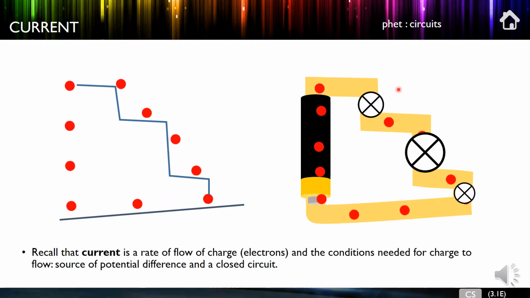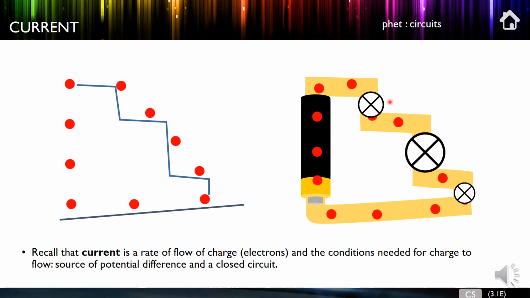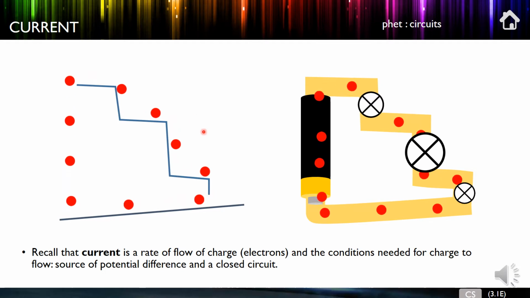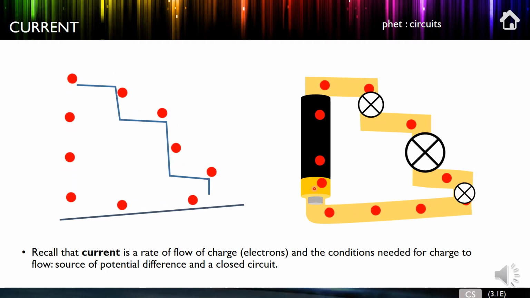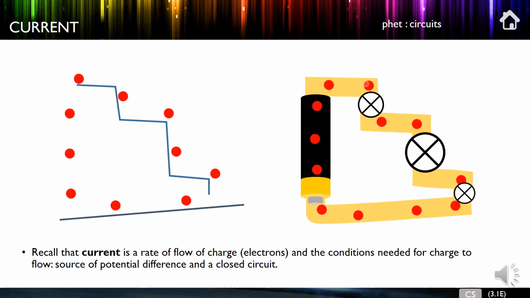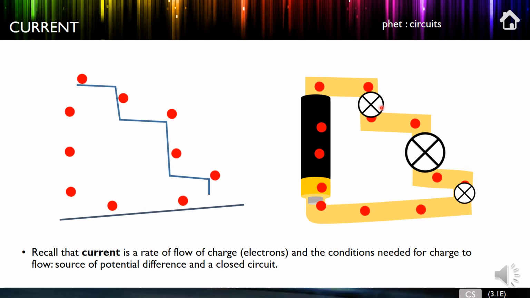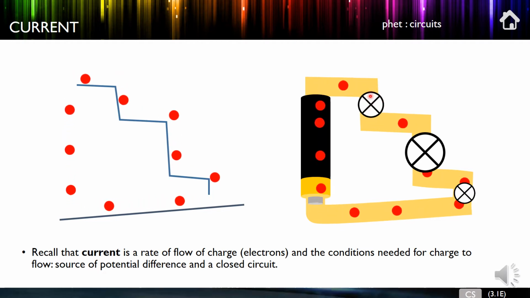Now obviously circuits can be lots of different shapes, but we've modeled this one to be the same as the marble example here. So what the cell does is it lifts them up, in essence. It adds energy to them, and as they go around the circuit, they drop down. We actually talk about voltage drops. So some of the energy is being used to light up this small bulb.